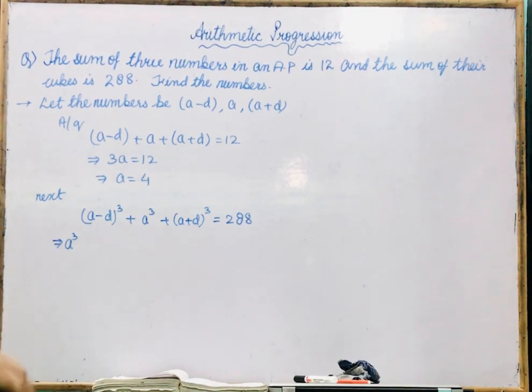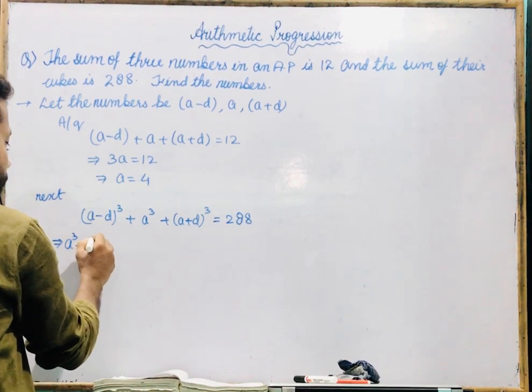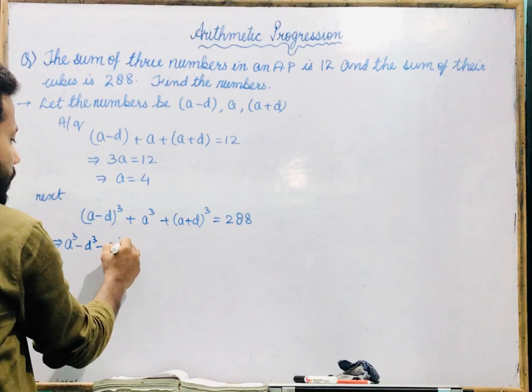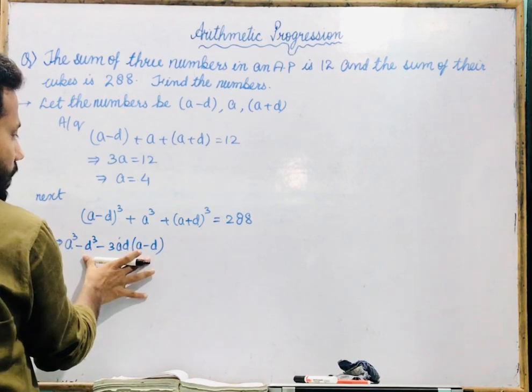Tell. Correct. It is a cube minus b cube minus 3ab, a minus b. This is the process.